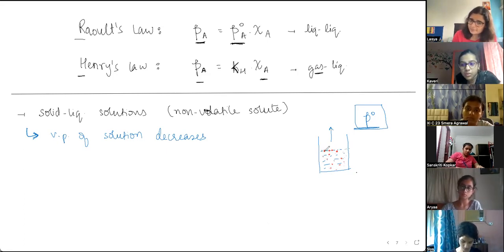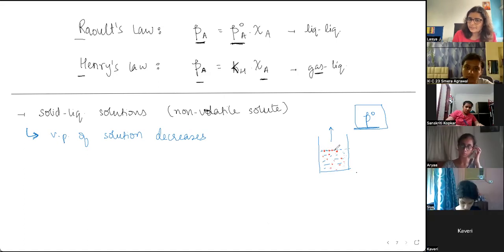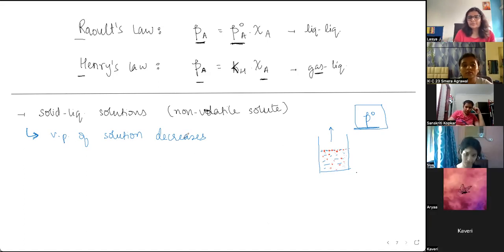But at the surface it is going to occupy the space in between the solvent molecules. Meaning it is decreasing the surface area of the solvent for evaporation. Meaning lesser number of molecules available for going into vapor phase, and lesser number of molecules means vapor pressure decreases.